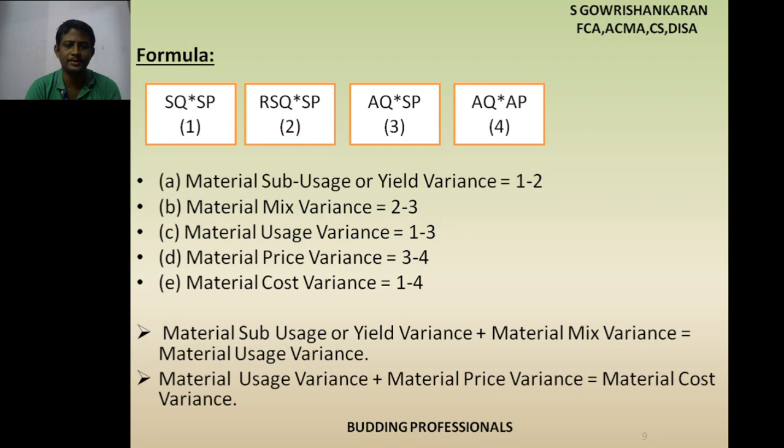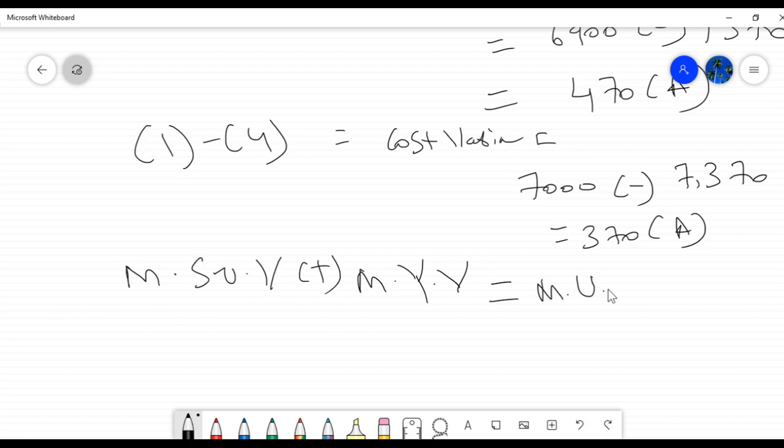How to cross check this one? First thing: material sub usage variance plus material yield variance equal to material usage variance. How to ensure our answer is correct?